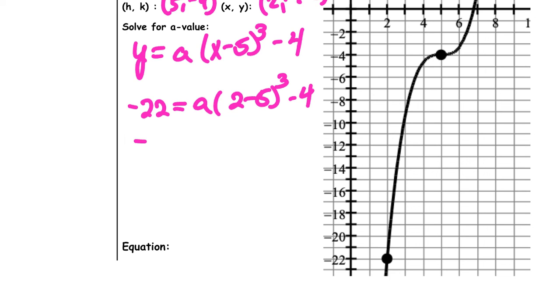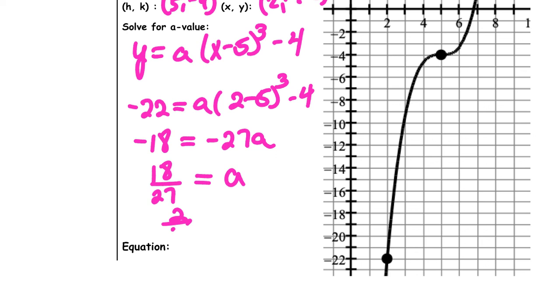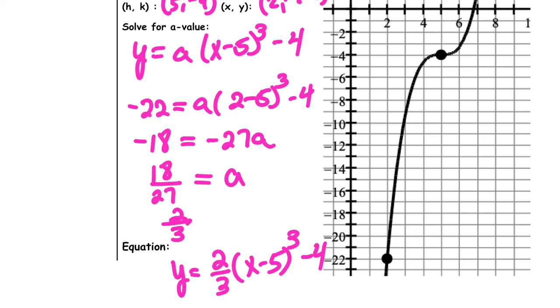So if I add the 4, I get -18. And then this is going to be -3 cubed, which is -27. So a equals 18 over 27 because my negatives will cancel out. This will reduce. 9 goes into it. There you go. So we got y equals 2/3 times x minus 5 cubed minus 4.